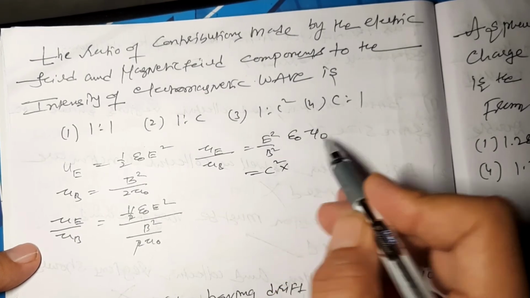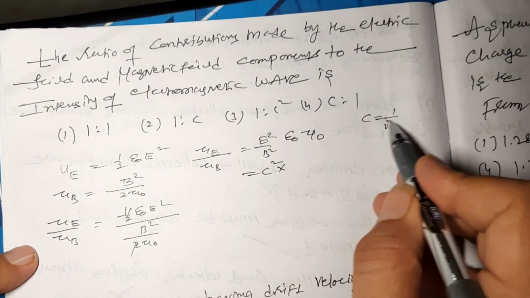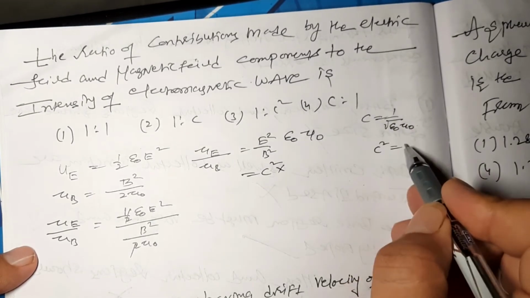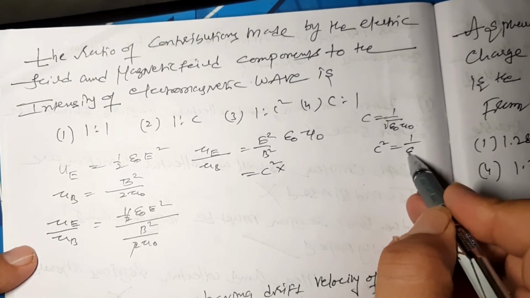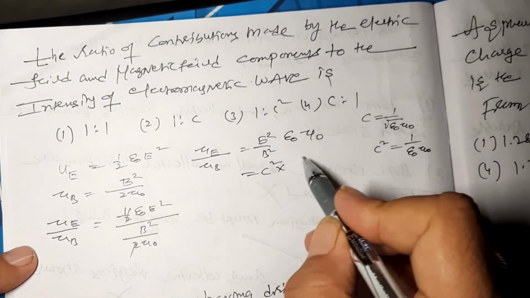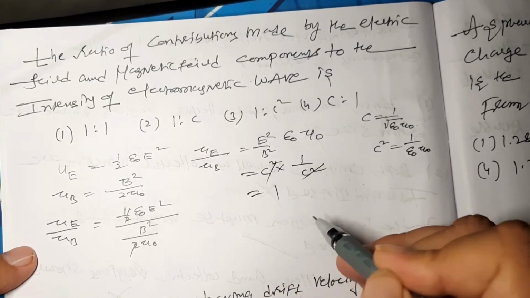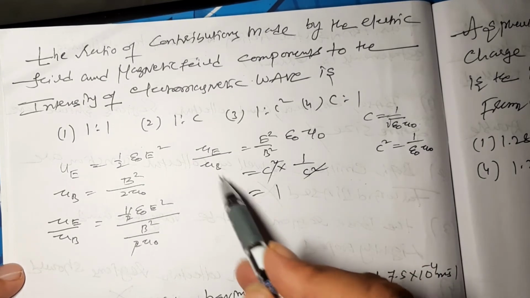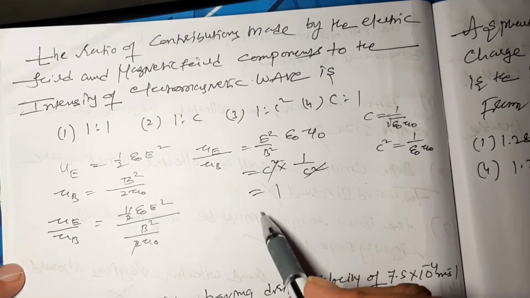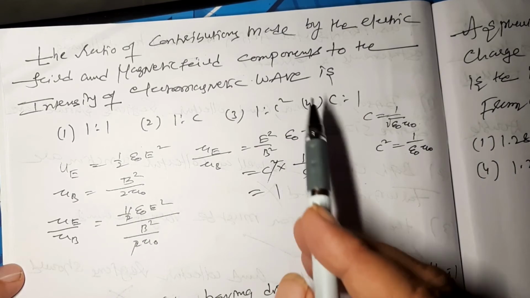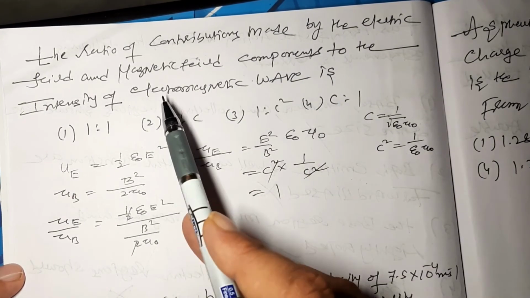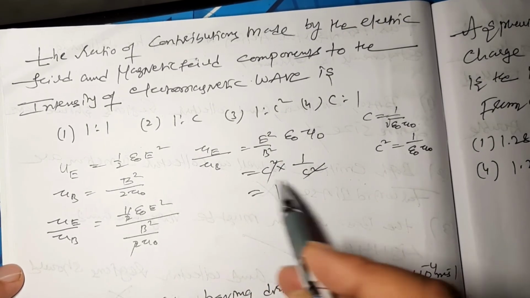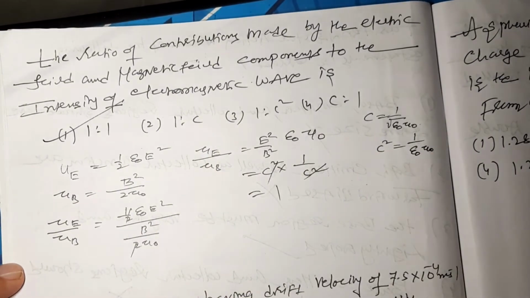We also know that C is equal to 1 by root epsilon naught mu naught. Squaring on both sides, C square is equal to 1 by epsilon naught mu naught, so epsilon naught mu naught is 1 by C square. Ratio is 1. So these are in 1:1 ratio, so the ratio of contributions made by electric field and magnetic field components to the intensity of electromagnetic wave is also 1:1. So answer is 1:1.